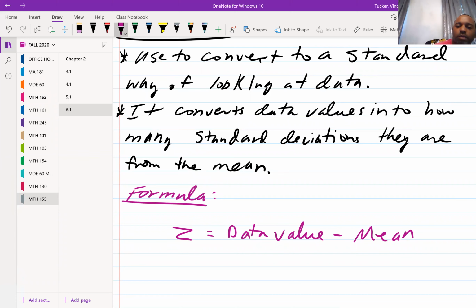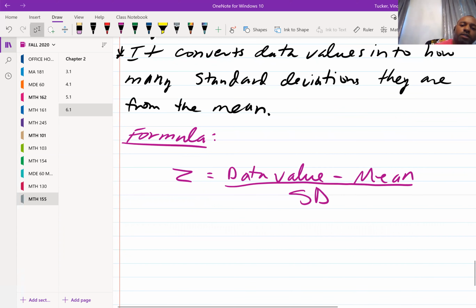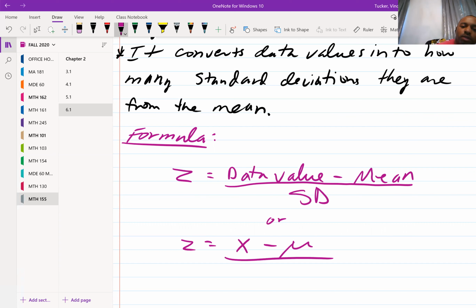All right, so the formula is going to be your data value minus the mean divided by your standard deviation. Or since we have our symbols now, x minus mu divided by sigma.